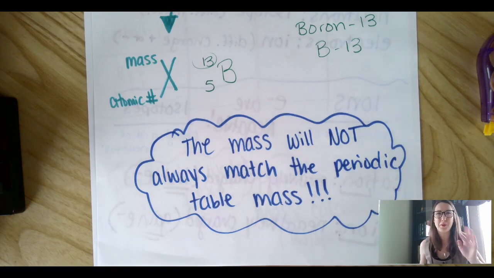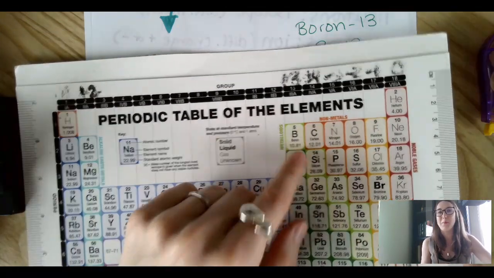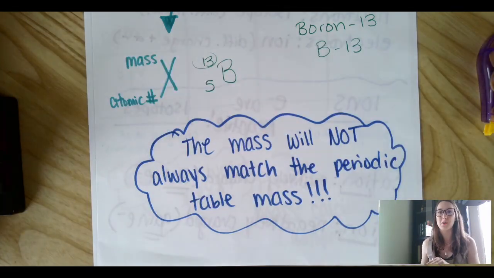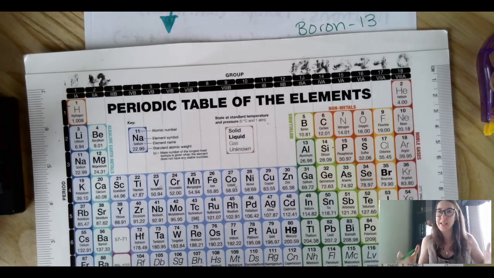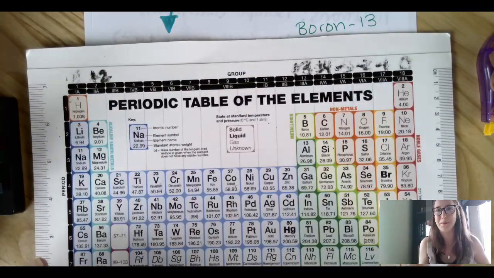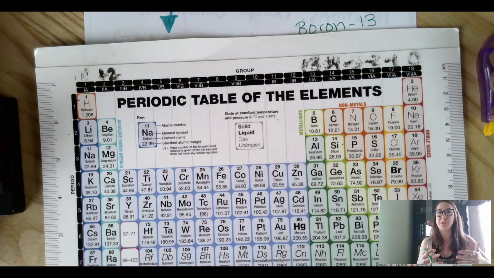Sometimes they might throw a trick question your way, and it will match the periodic table mass, and that's okay. Just do the steps as normal. But again, the point of an isotope is that the mass is going to be different from the periodic table, because in nature, on planet Earth, isotopes exist for all of these elements. The element is actually a combination of different isotopes, with different percents that they make up of that element on Earth.